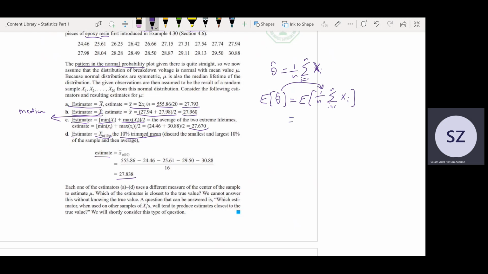And we know that the expectation operator is linear, so we can exchange the expectation with the summation. So this is 1 over n, the summation, i equals 1 to n, of the expected value of xi. But what is the expected value of xi? This is the true value, by definition.